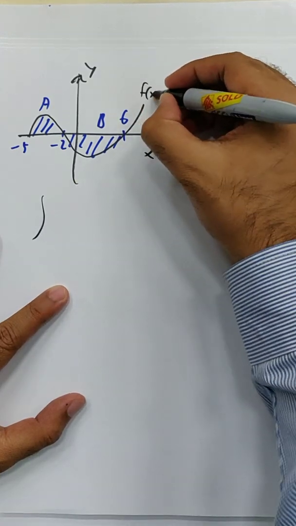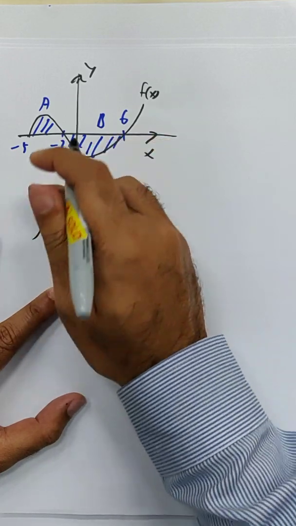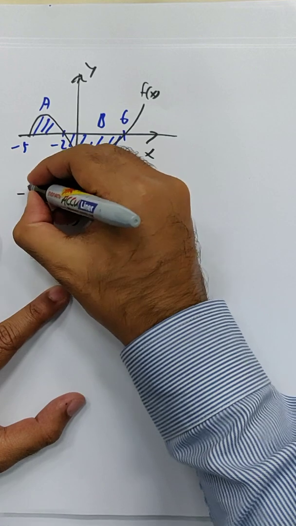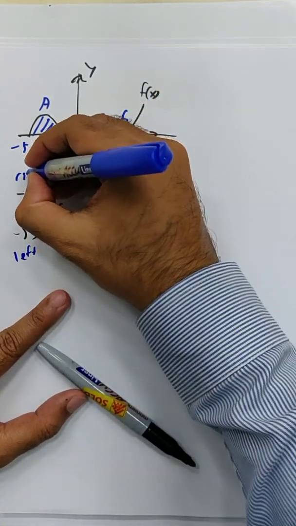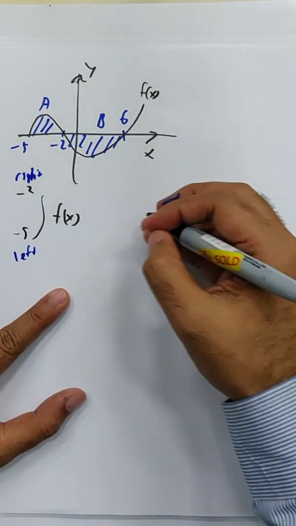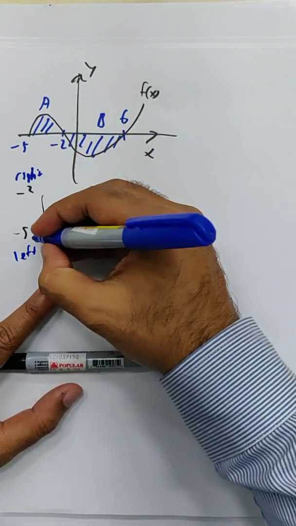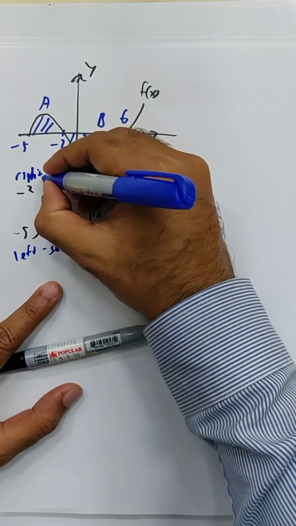Let's say this is fx. Just integrate fx from, like I mentioned just now, left to right. So -5, -2. Or basically just the numbers need to be increasing, or small to big number.